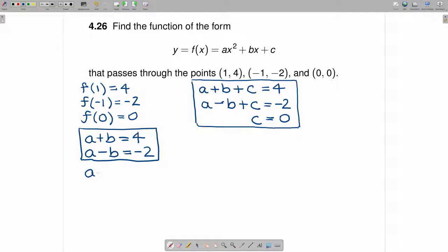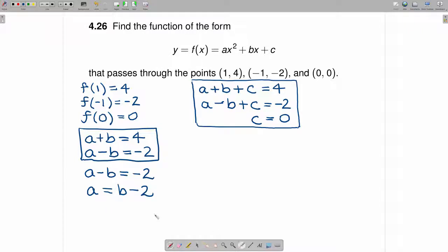So we can take a minus b is equal to -2, and solve that for a. The way you solve that equation for a is you add b to both sides. When you add b to the left-hand side, you just get a. When you add b to the right-hand side, you get b minus 2.